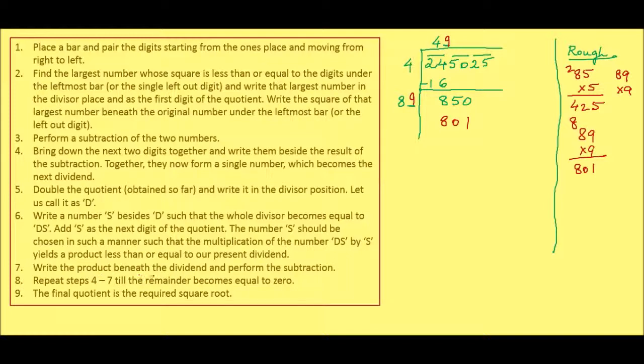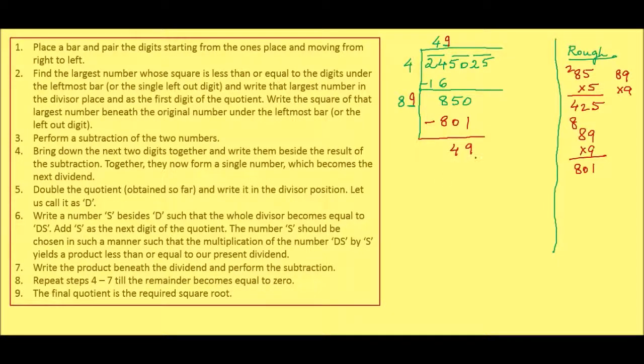Write the product beneath the dividend and perform the subtraction. So 850 minus 801 is 49. Repeat steps 4 to 7 till the remainder becomes equal to 0.